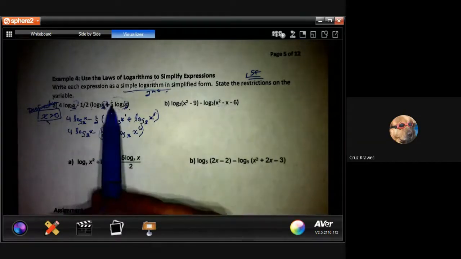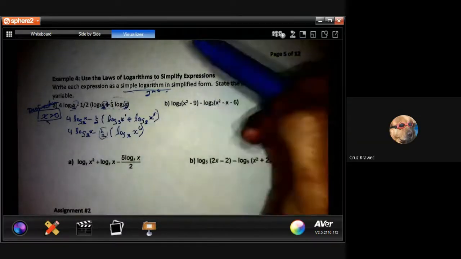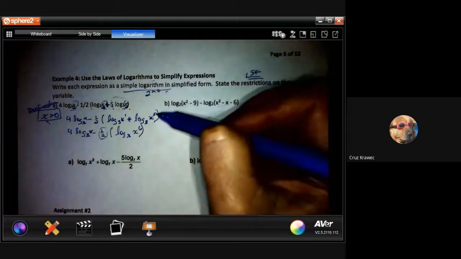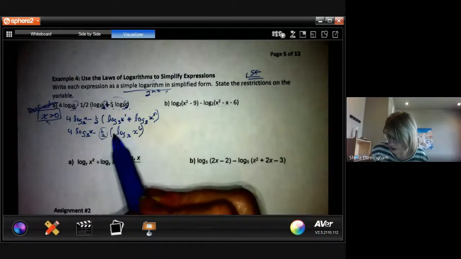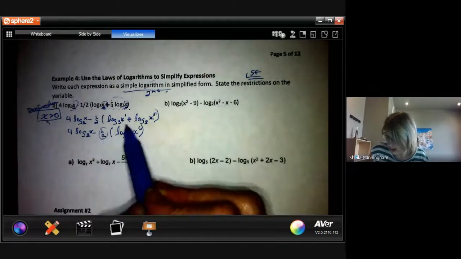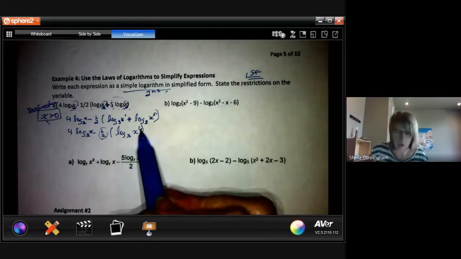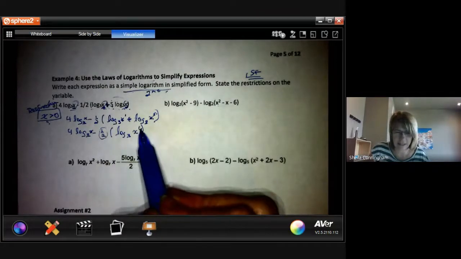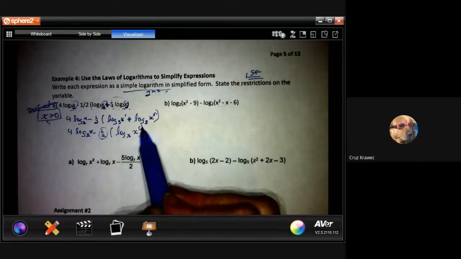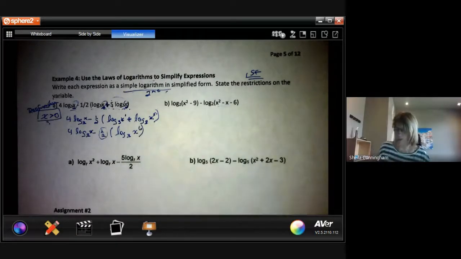It moved in as an exponent of the x. You betcha. So this is no different. There's a half in front of this log, so that half has got to go to that 6. We're basically going to take that half and times it to that 6, as an exponent.